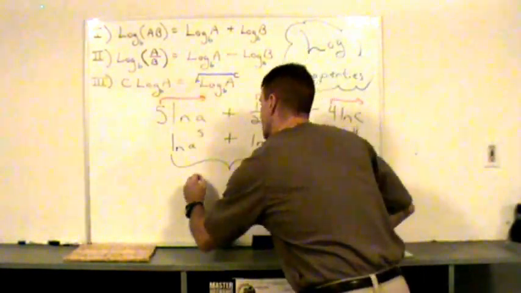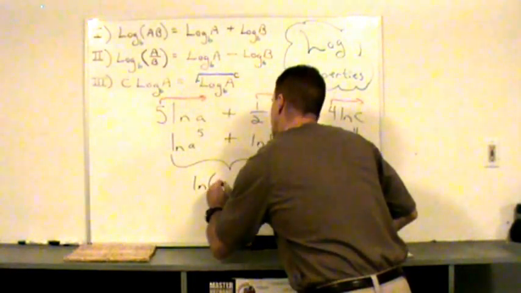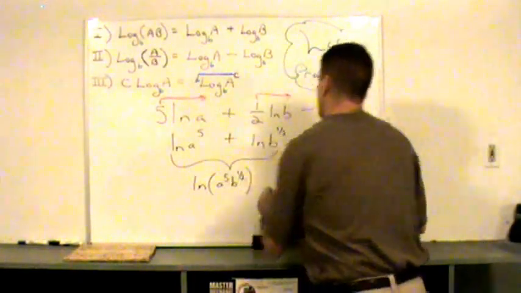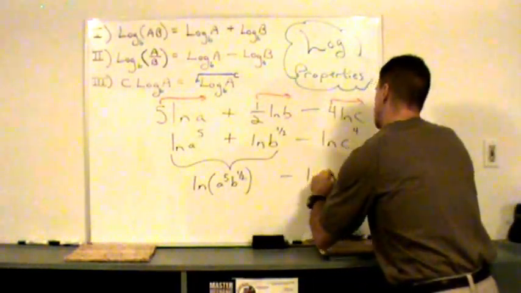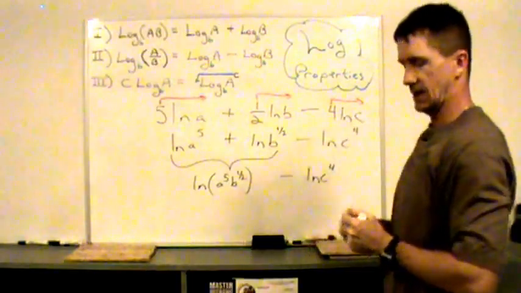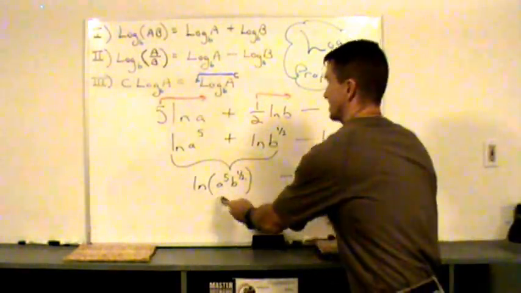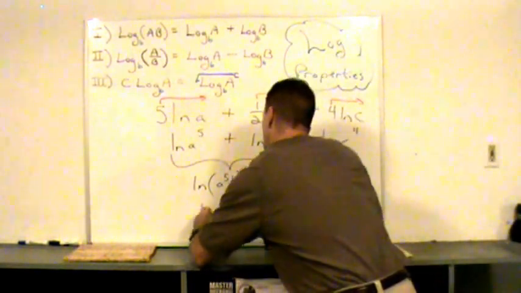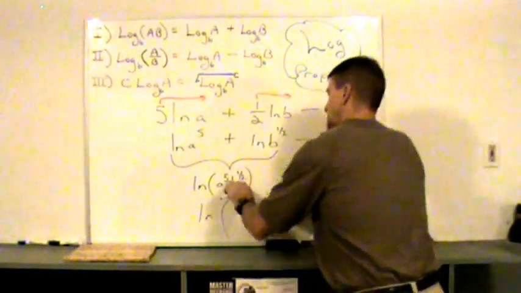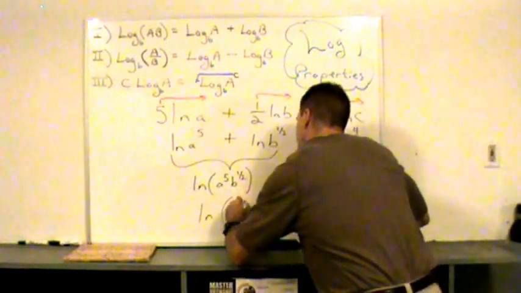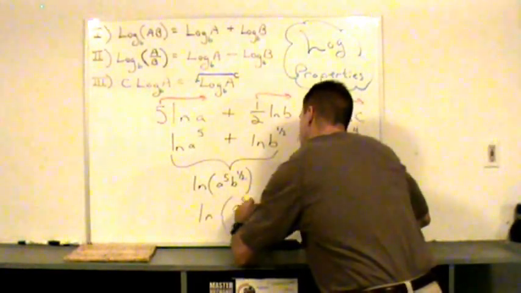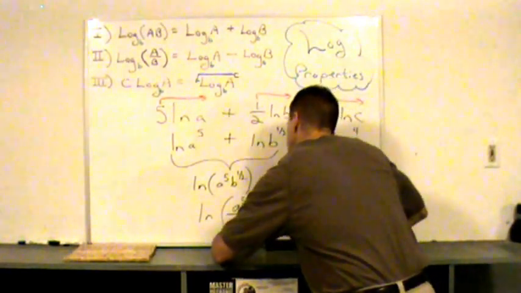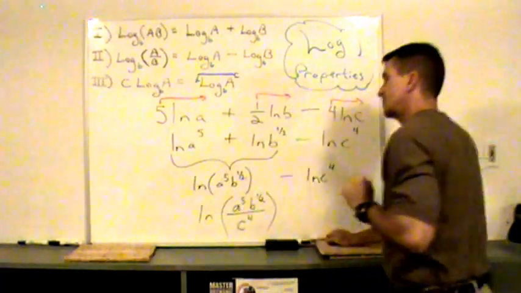What can we do with these two? Use property 1. That's the natural log of a to the 5th, b to the 1/2. We got this minus natural log of c to the 4th. Can we make this one log? Surely. I'll just write natural log, put a big parentheses, and put this over that: a to the 5th power, b to the 1/2 power, all over c to the 4th power.